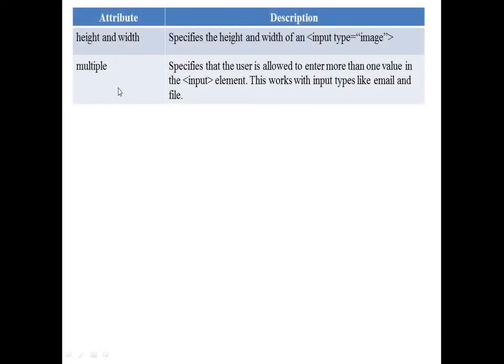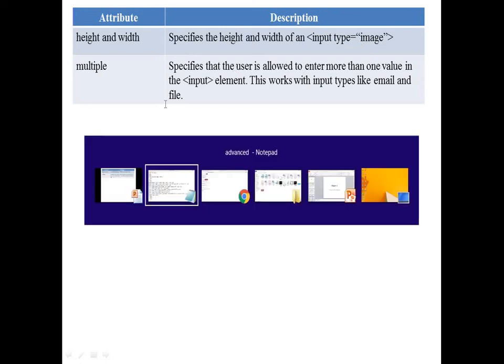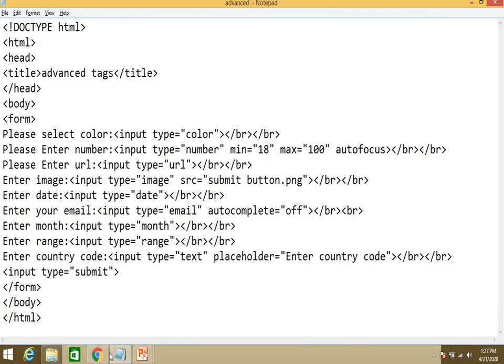Next is height and width. Height and width are specified with the input image. For example, let's download any image from Google and apply it as an input image.